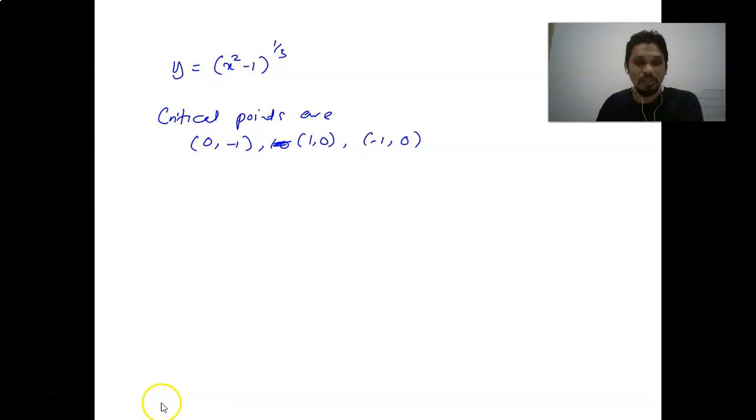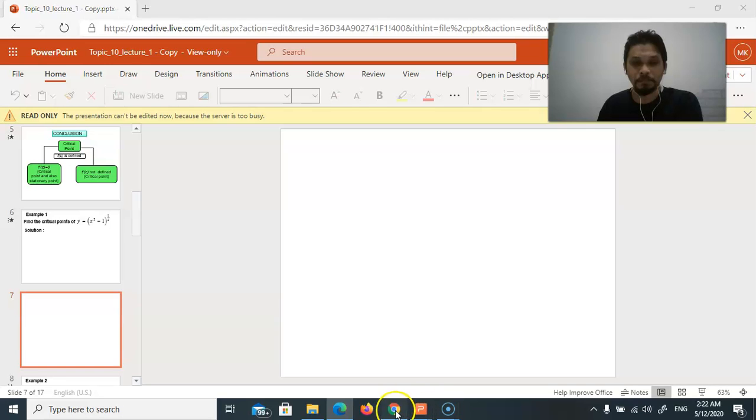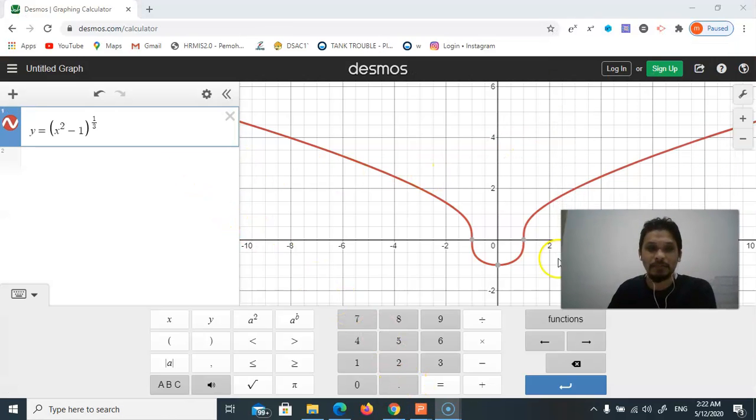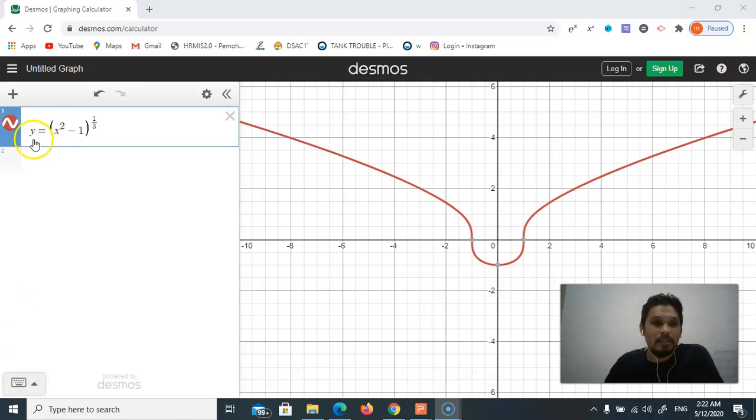Let me share with all of you the graph of this. Okay, so look at this one here now. The graph of y equal to x squared minus 1 to the power of 1 over 3.